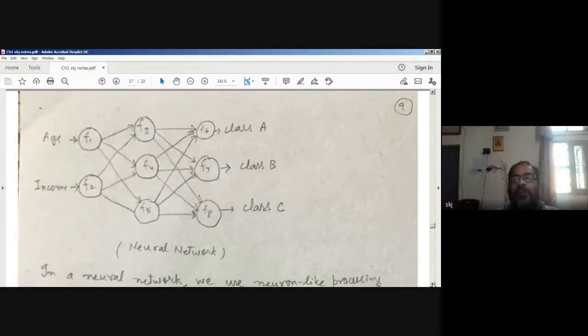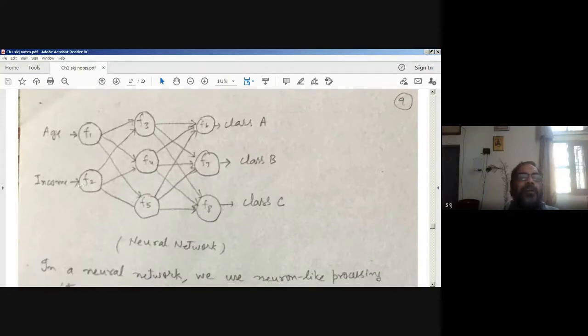This is one simple example of a neural network. Here we have F1, F2, F3, F5, F6; basically, they are the computational units. The inputs are age and income, and based on the execution of some function, it takes a decision whether to forward the value here or here or here.